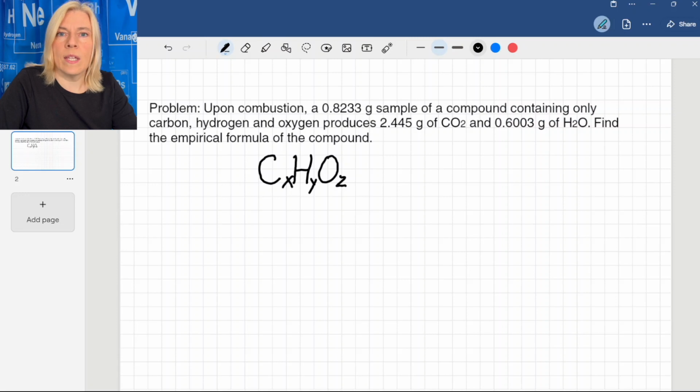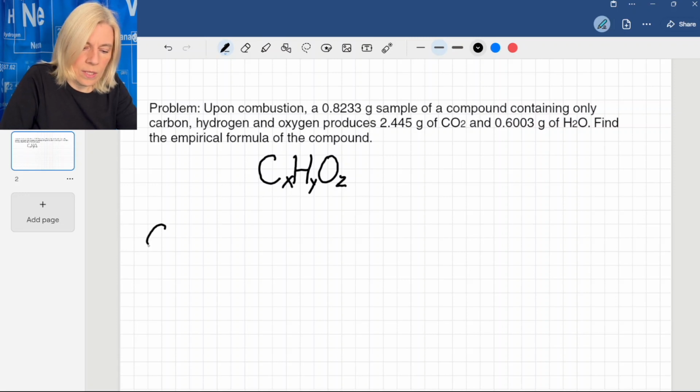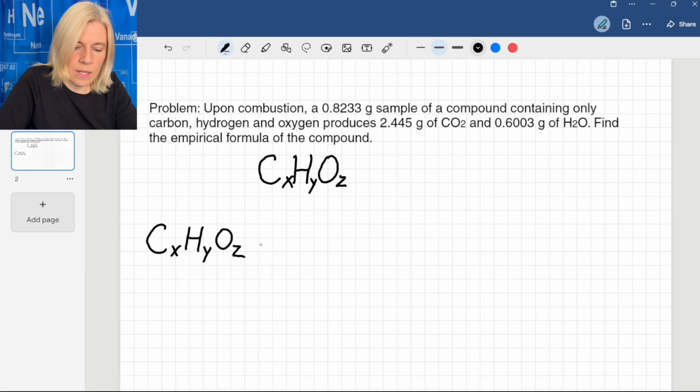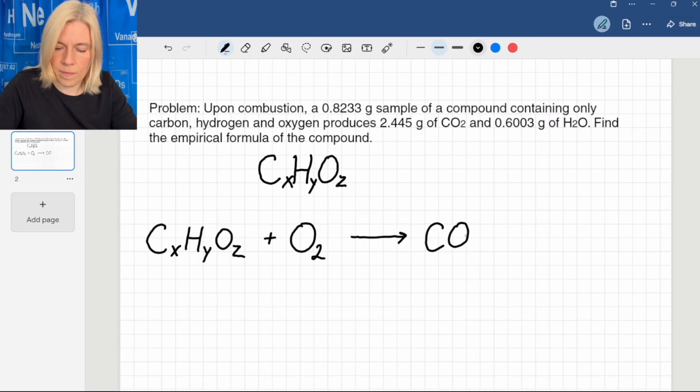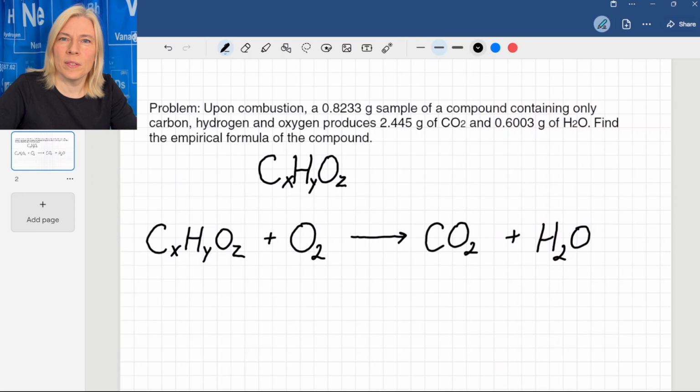Okay, let's think about what the combustion reaction is. In this reaction, our compound, CxHyOz, is going to burn in the presence of oxygen, O2, to make carbon dioxide plus water. Here it is. I don't have much to go on.